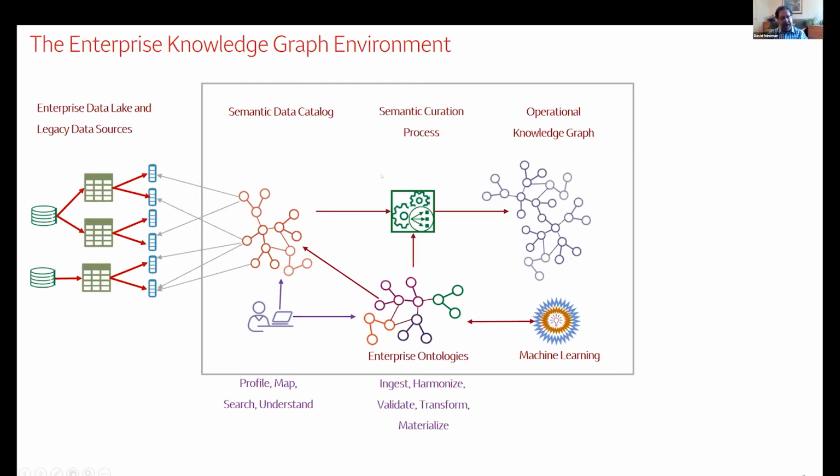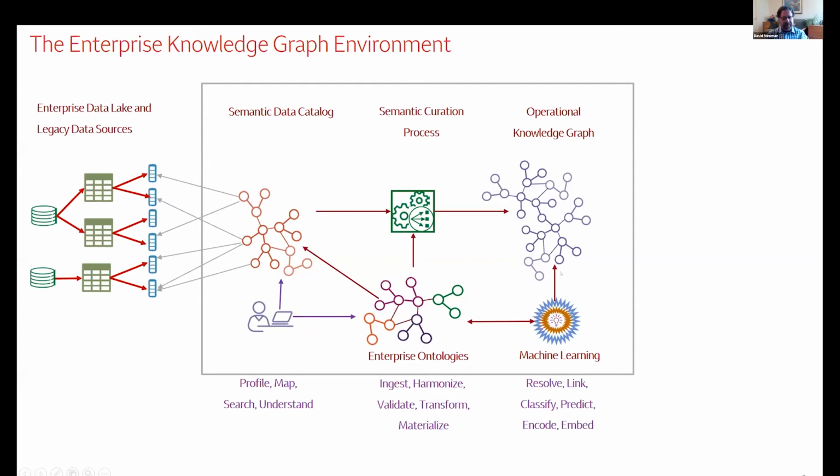We also have a semantic curation process that allows us to leverage the insights and understanding of the physical data assets through the knowledge graph to ingest data, harmonize it, transform it into the proper knowledge graph format, and then materialize it into an operational knowledge graph so that we can query it.